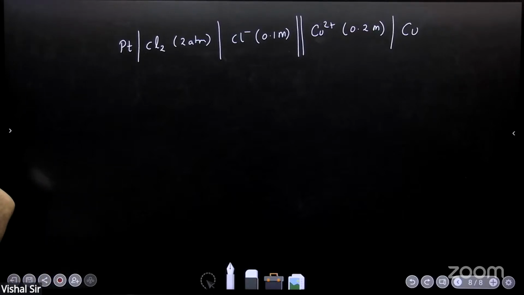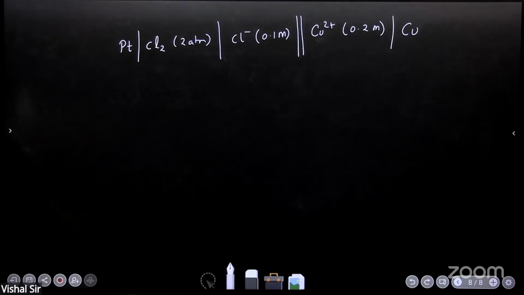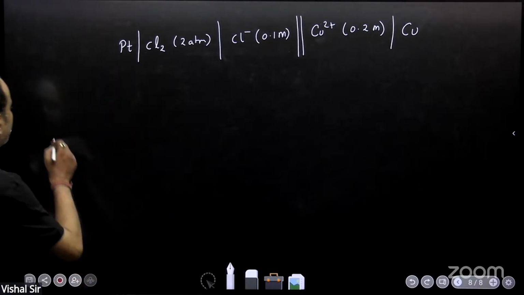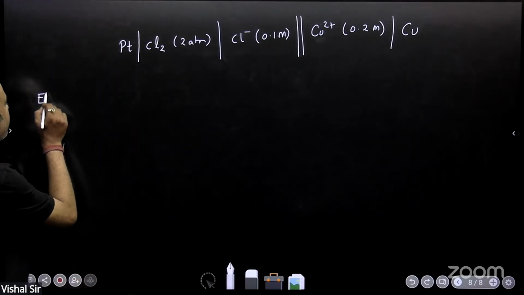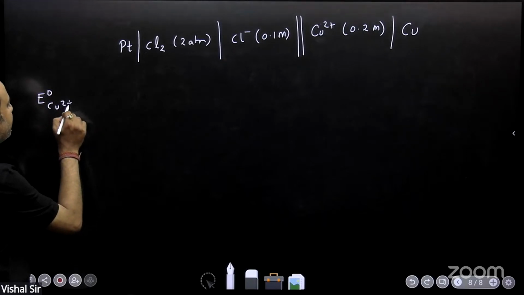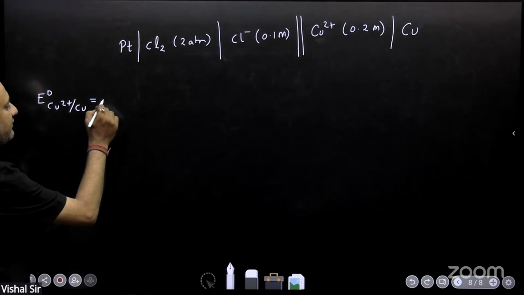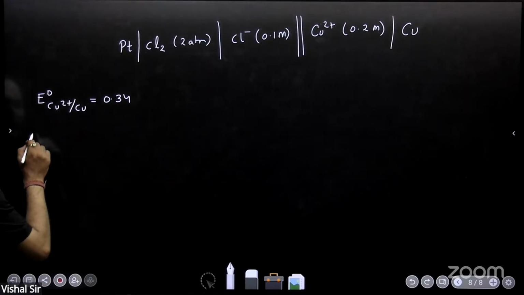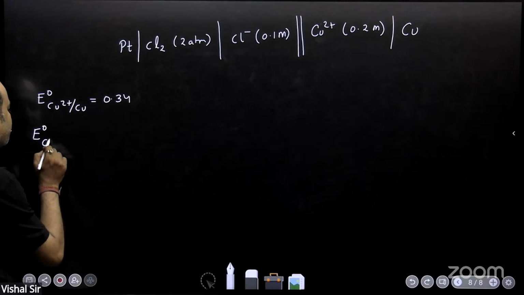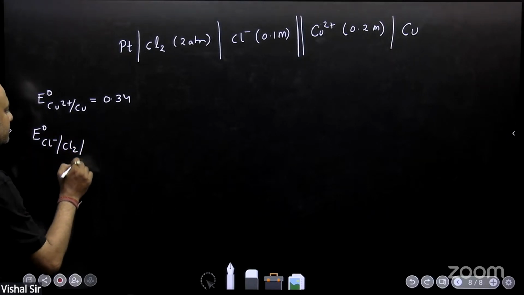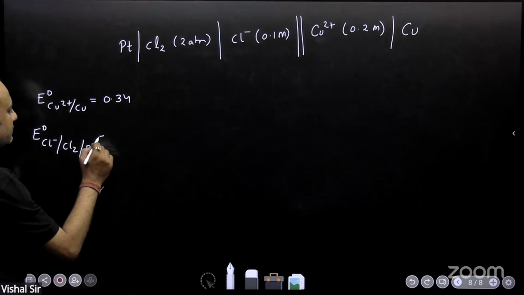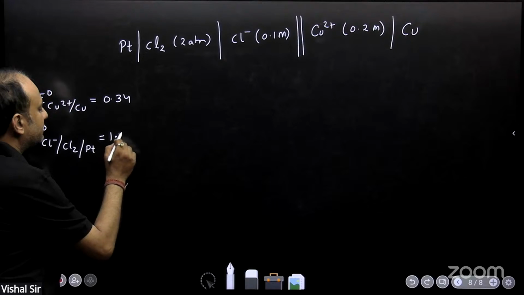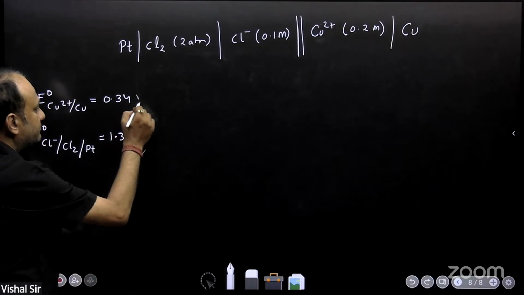Let's say we are given this cell and asked to find E cell, and the E naught values are given. Let's say the reduction value of copper is given as 0.34, and the reduction value of chlorine is given as 1.36 volts.